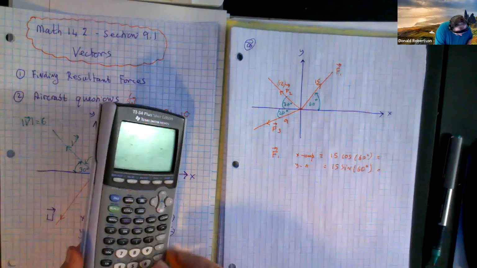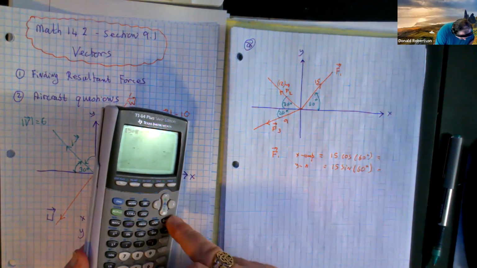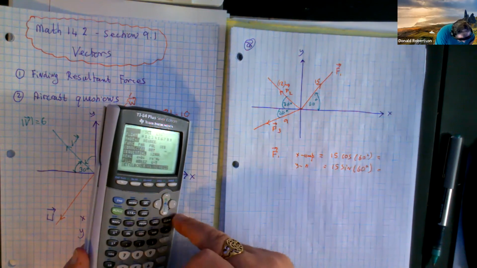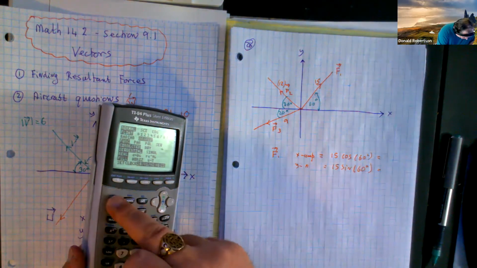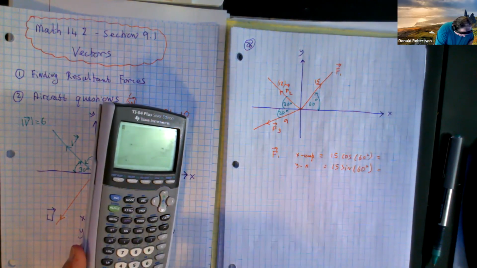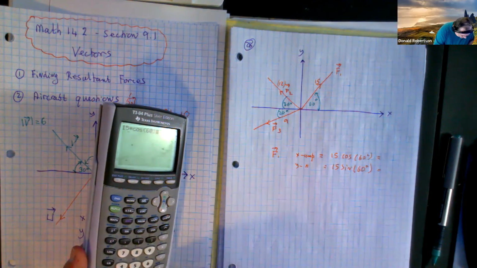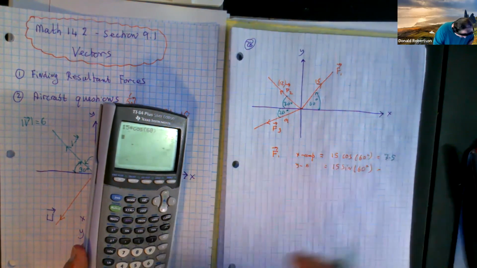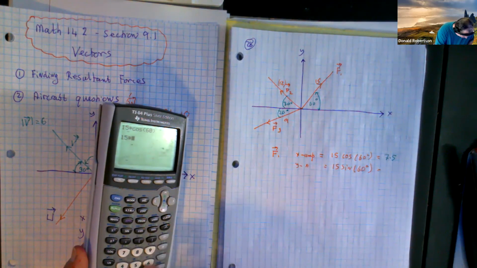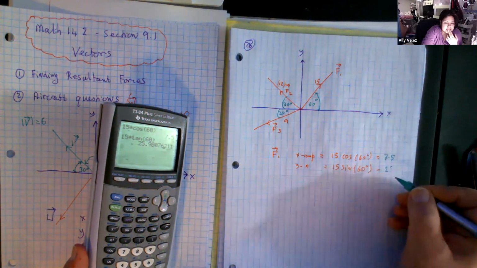Since we're working with decimals this time, I don't need to use my unit circle. So 15, oops, clear. Almost caught there. Remember, it's degrees in this question, so make sure you're working in degrees. So 15 times the cosine of 60 ends up being 7.5. Then 15 times the sine. I went to tangent by accident.